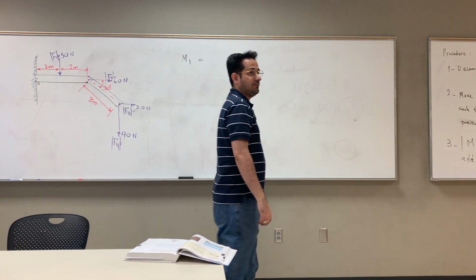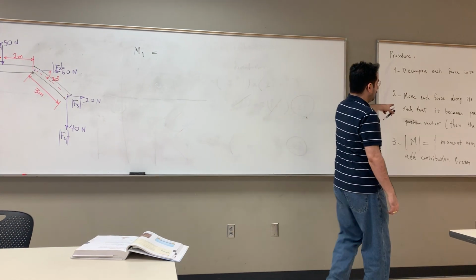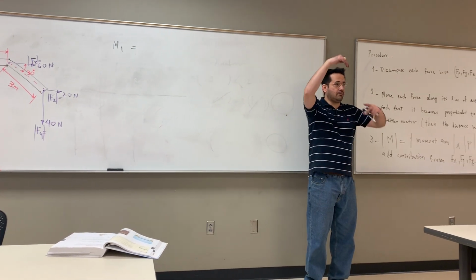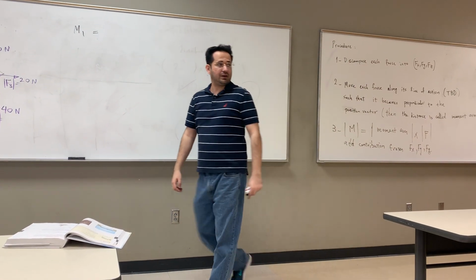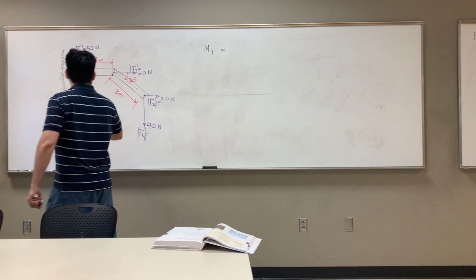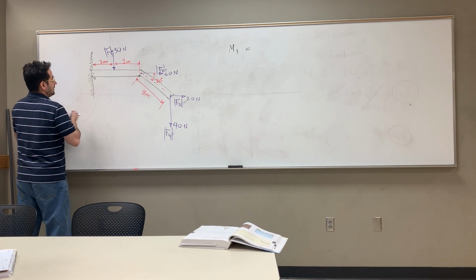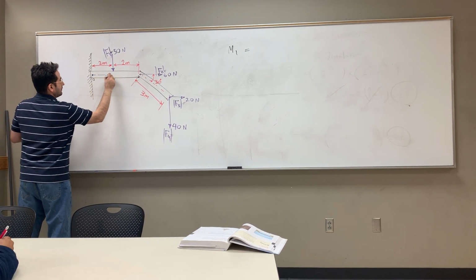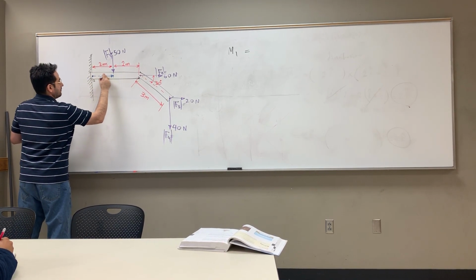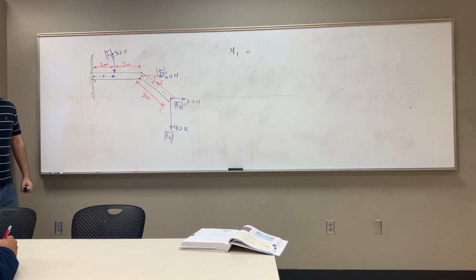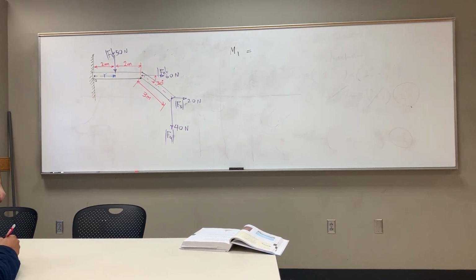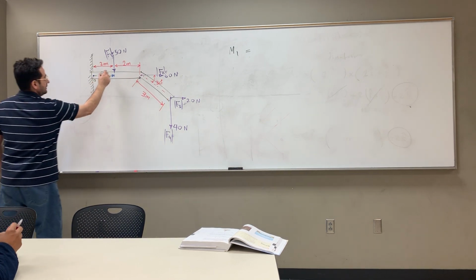Now let's go to step 2. Move it such that it becomes normal to the distance vector. This is already normal, perpendicular to this distance. So from point O to this point, this is my R. This is my position vector. It's already normal, look.